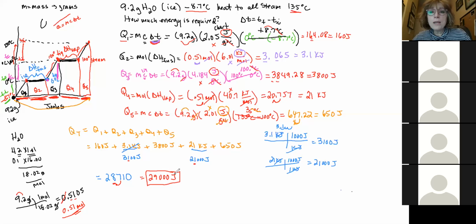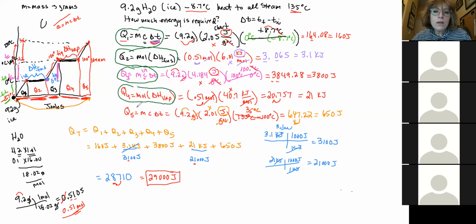I won't be super picky with sig figs, but I am going to be picky about things like you need to write the formula every time. This is what I mean, so that's 1, 2, 3, 4, 5 formulas. That's 5 points right there, okay? And then you do all the work.